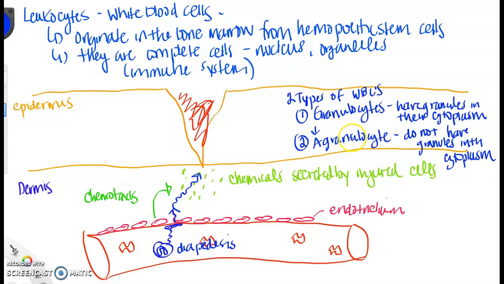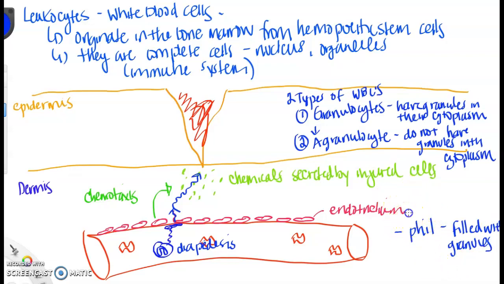all 5 types of white blood cells, and they are in order of how many there would be in the blood. Now, if a white blood cell's name ends in -phil, so neutrophil, basophil, eosinophil, that means it is filled with granules. So those are granulocytes.